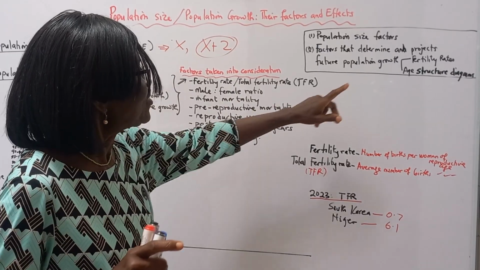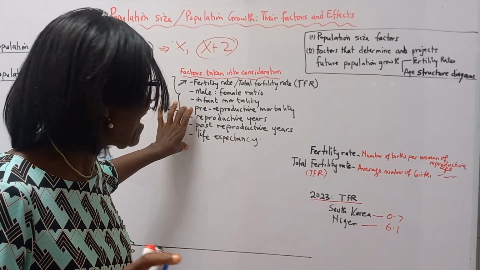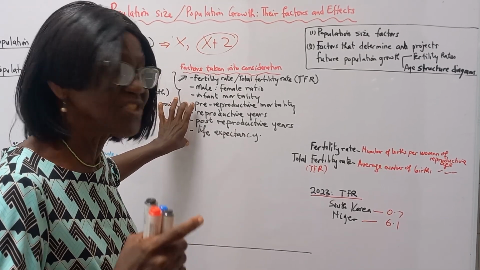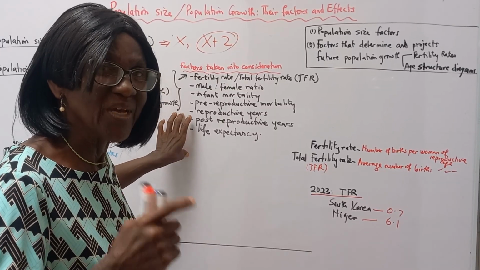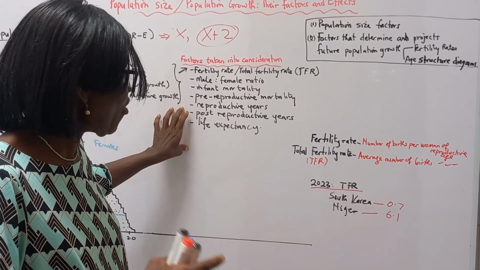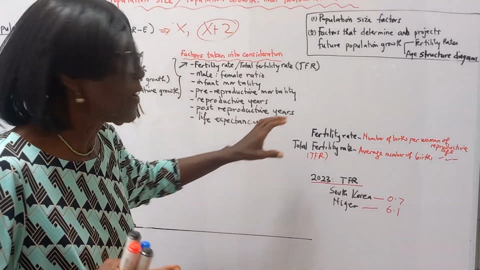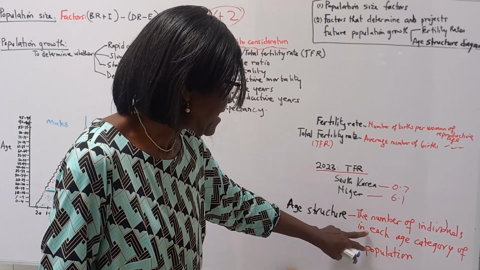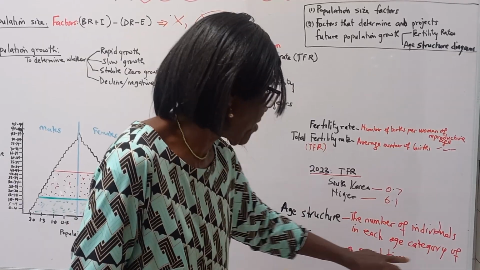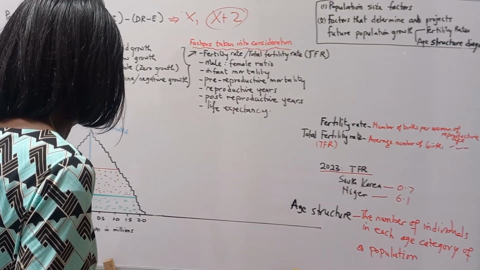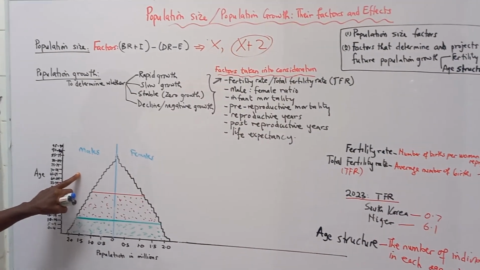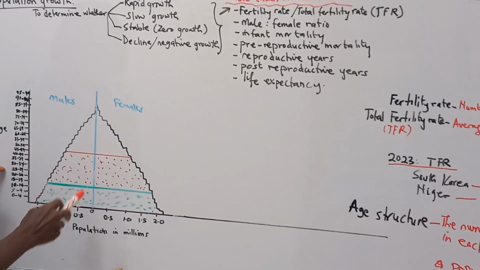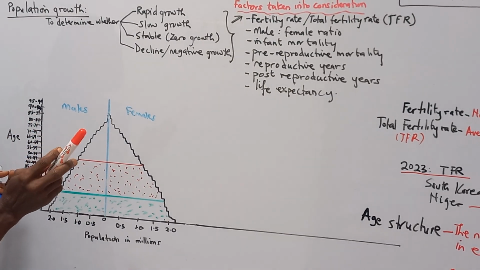But analyzing age structure diagrams gives a better indication of population growth and also an indication of future population growth. The age structure gives the number of individuals in each age category of a population. I have an age structure diagram here, and this is how the diagram is made.